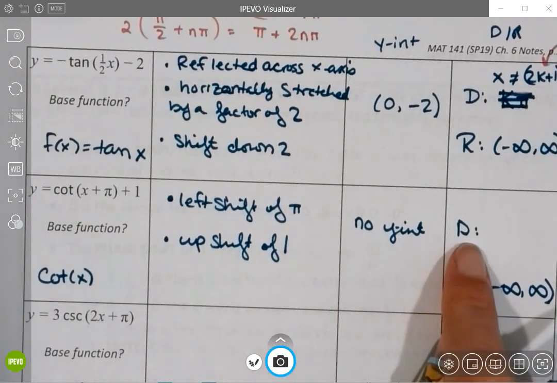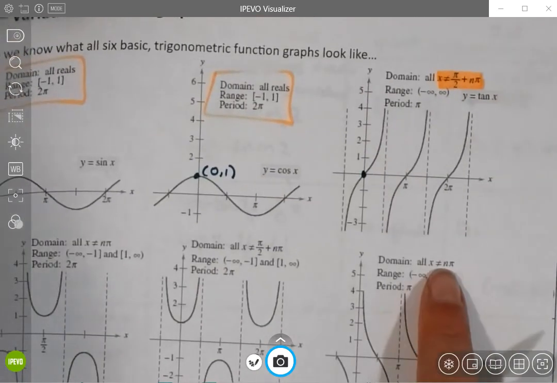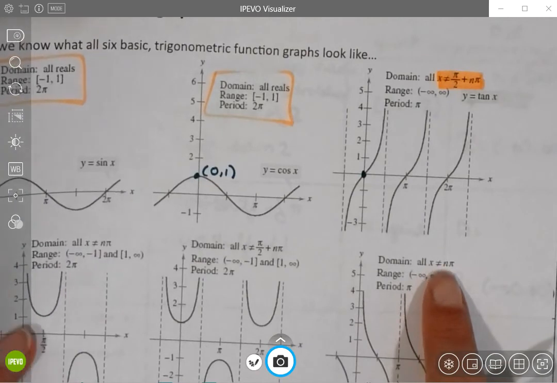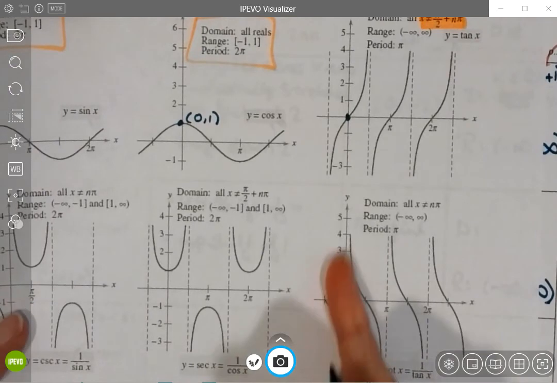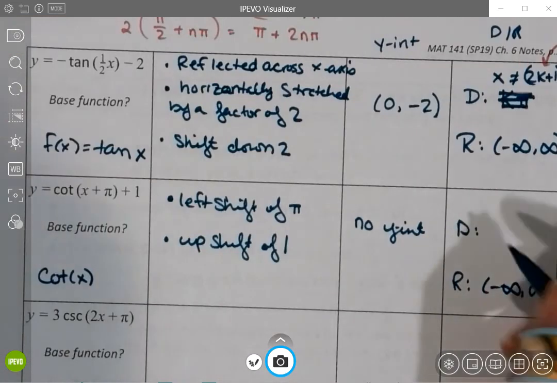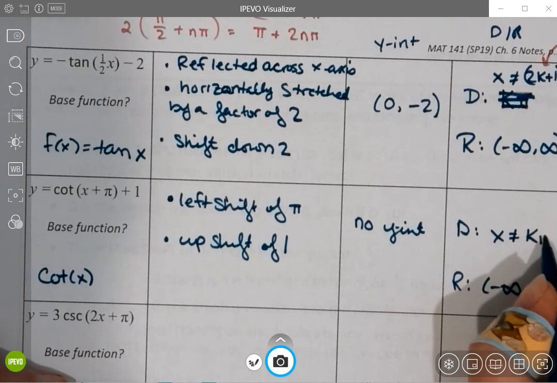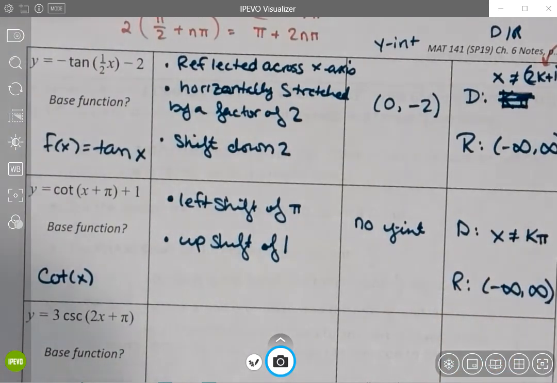Now for the domain, the domain was originally that you can't have all multiples of k pi or n pi, and so if I shift that a full pi unit over, that's going to shift every other asymptote over as well. We are still going to be at k pi. So we'll have x not equal to k pi, or they write n, I just like k, it's just preference. X can't be those still.